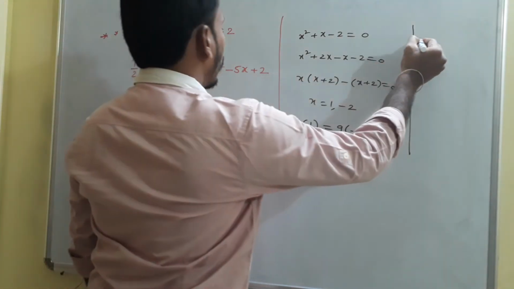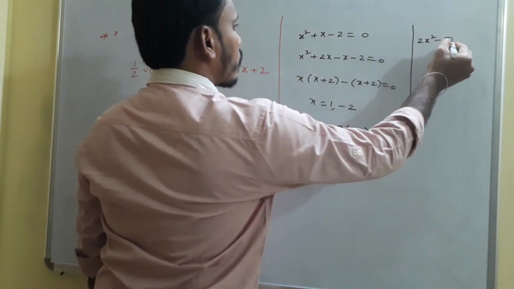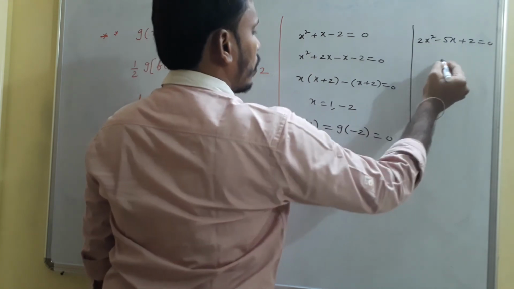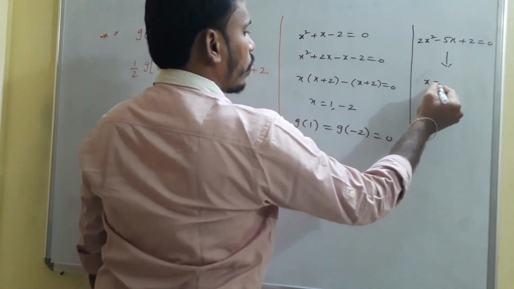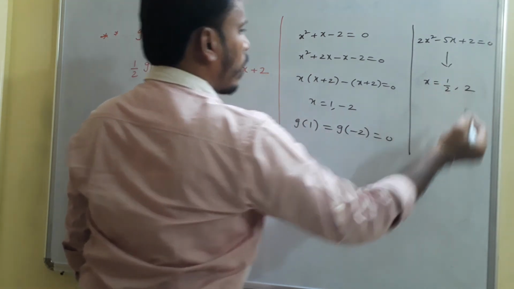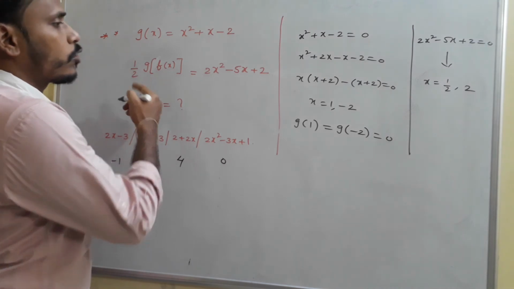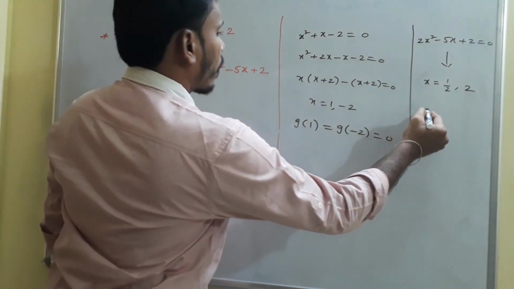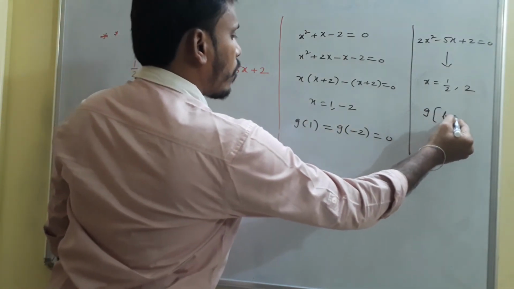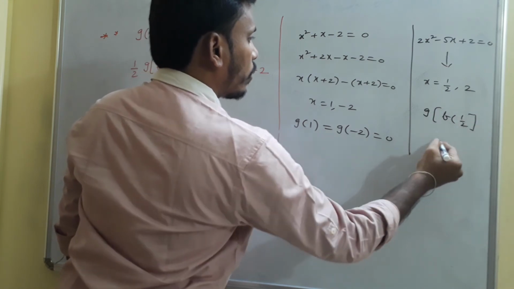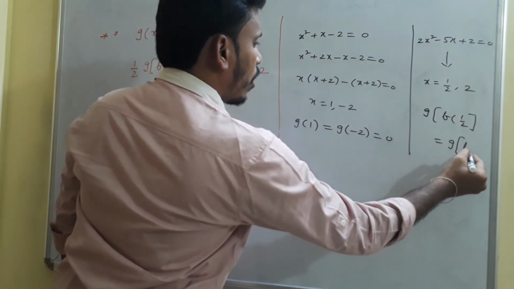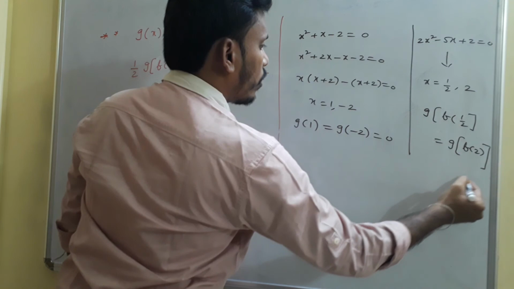When you factorize this as we did, 2x square minus 5x plus 2 is equals to 0, and this gives x is equals to 1 by 2 comma 2. Is it right? Yeah. So from this situation we have that g of f of 1 by 2 is equals to g of f of 2 is equals to 0.